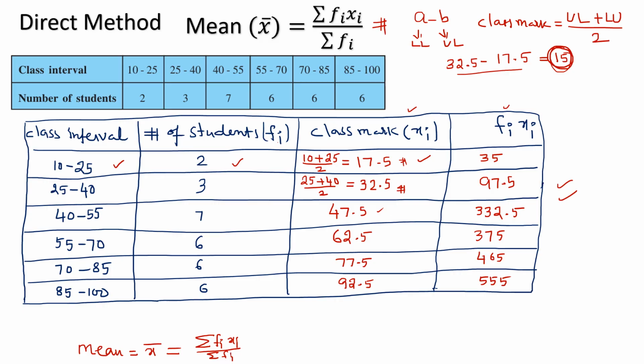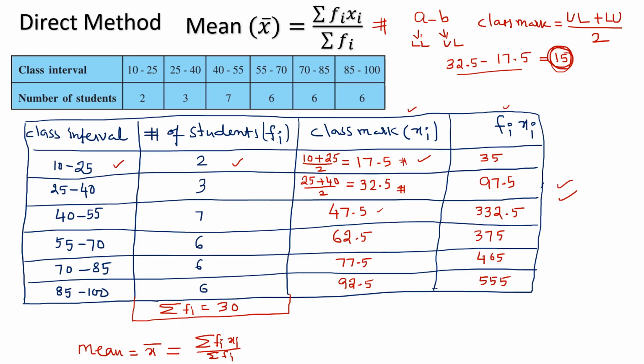As I said already, sigma fi is the summation of all the frequencies, which come from the frequency column. If you take the sum of all these numbers, you get 30, right?